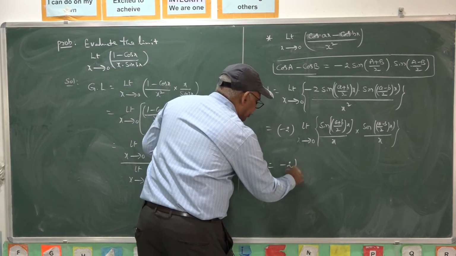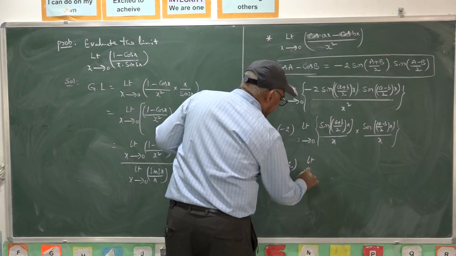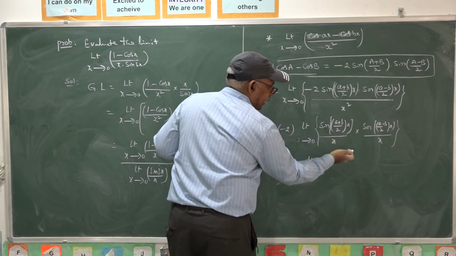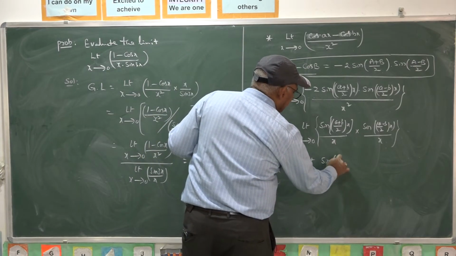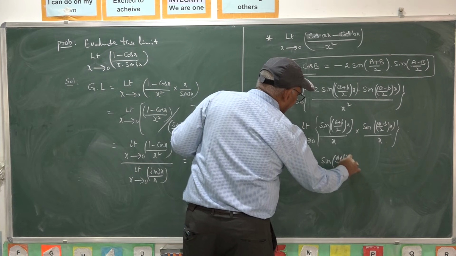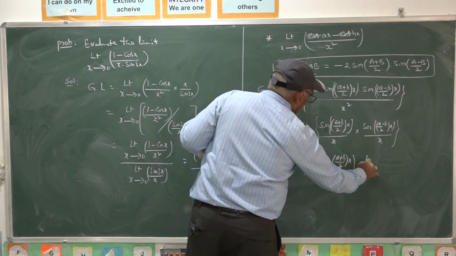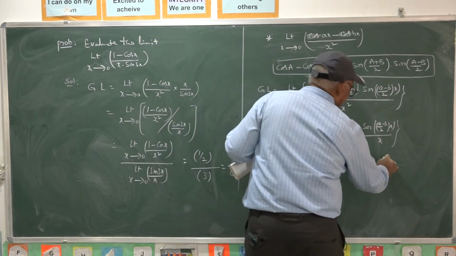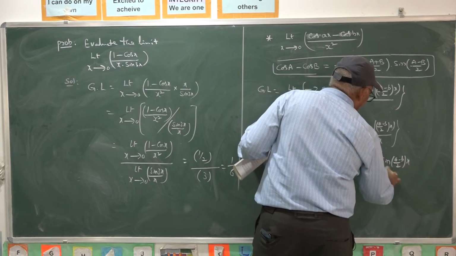That is minus 2 into the limit. You can apply the limit individually here, because each is of the form sin kx by x. The limit exists for both functions individually. So, this is one limit, and similarly limit x goes to 0 of sine of a minus b by 2x by x.